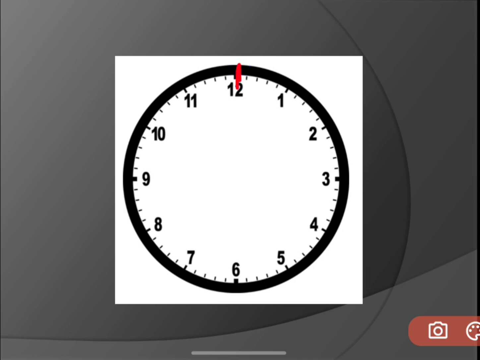If it is on the small line beside 12, then it is 5 o'clock and 1 minute. If it is on the second line, then it is 5 and 2 minutes. Hours is 5, minutes is 2.